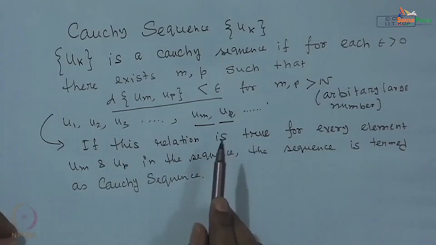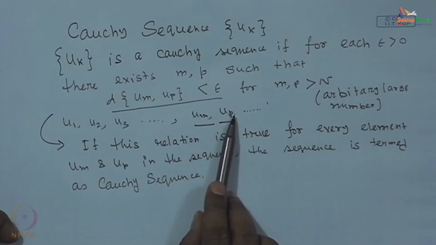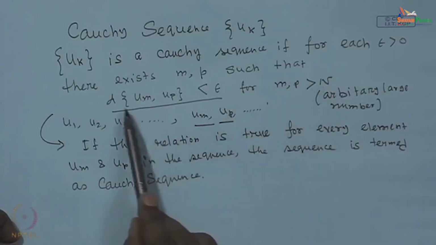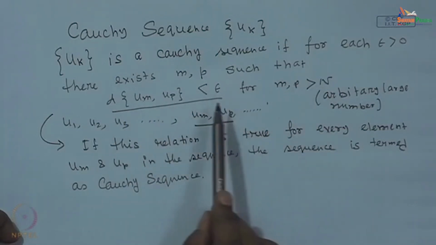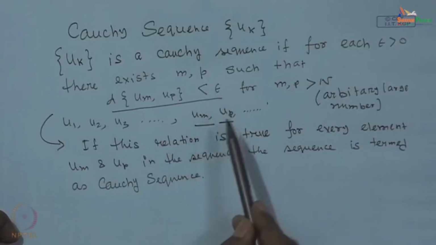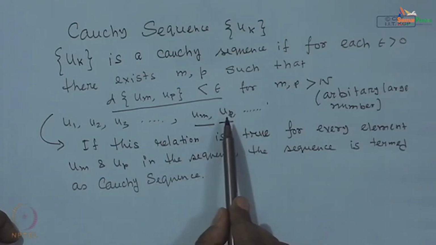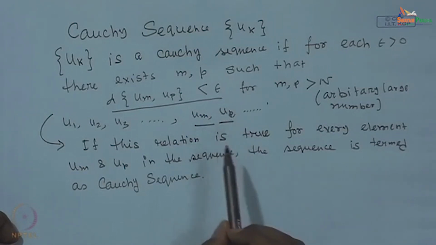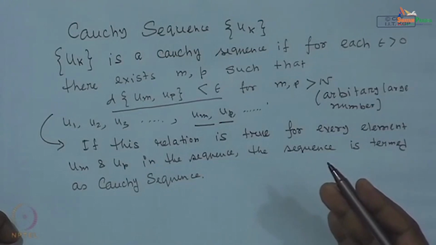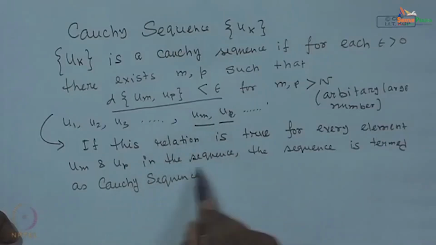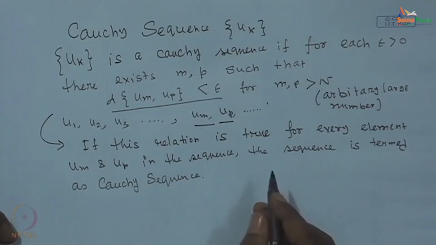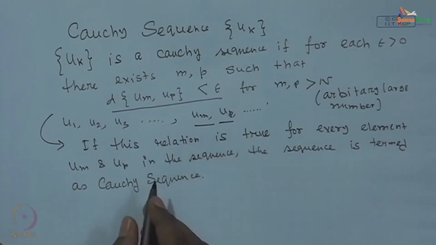If it holds only for a particular m and p greater than n, where the metric between the two is very small, that will not suffice to term the sequence a Cauchy sequence. For every value of m and p, where both are large, that means the elements in the later positions of the sequence, the metric between the two will be extremely small. That means they will be converging at that point for a very large n. Then the sequence is called a Cauchy sequence.